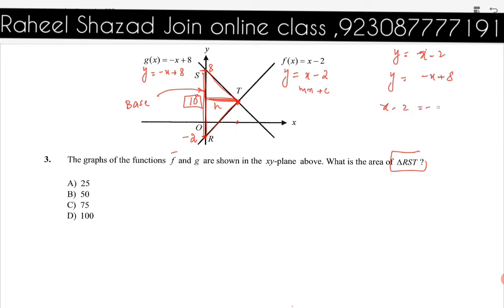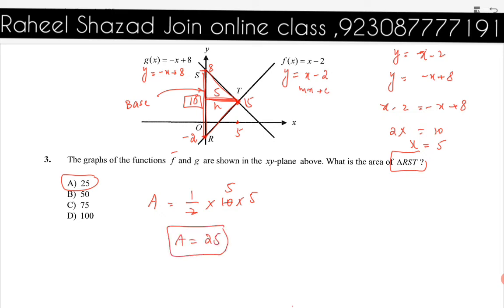So x minus 2 is equal to minus x plus 8. That is 2x is equal to 10 and x is equal to 5. So its x coordinate is 5, that means height is 5. So area of triangle is equal to 1 by 2 into base into height. So 2 5s are 10 and 25 is the answer. Area is equal to 25. I hope you got this idea.